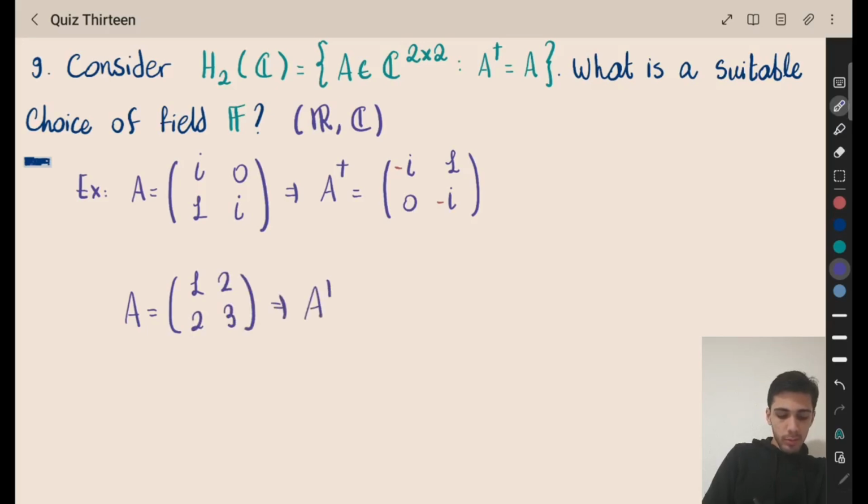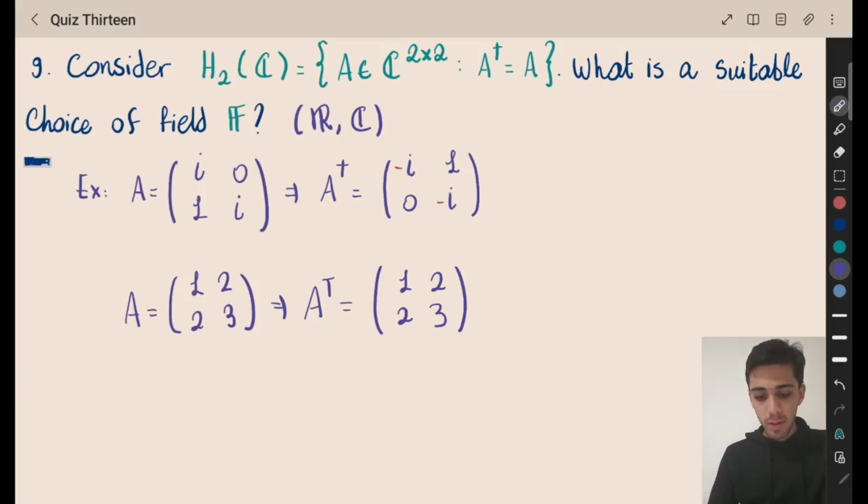Then the transpose of this matrix is what? It's 1, 3, the elements of the diagonal stay as they are, and this gets switched, but they are exactly the same. So A transpose is equal to A. This is for real entries.